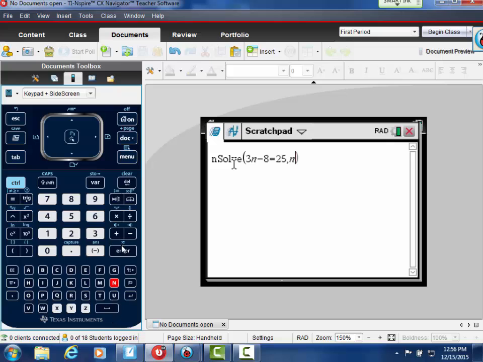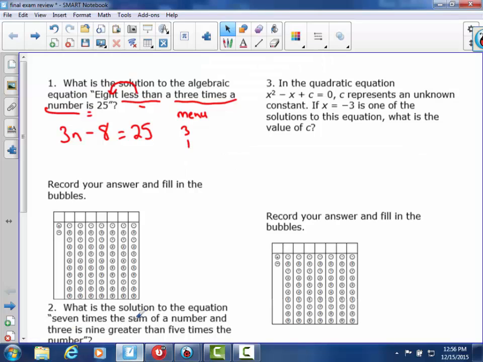Then we hit enter, and our answer is 11. So we know that n equals 11. On our bubble sheet, plus 11. Not absolutely necessary to put the positive sign, but it doesn't hurt either.